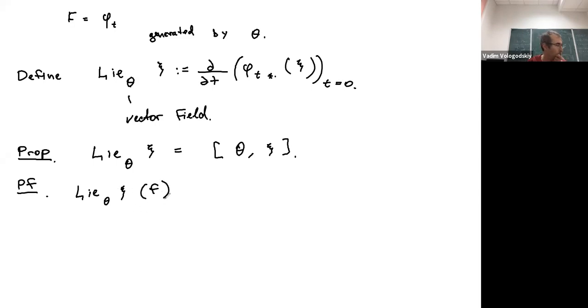I'm supposed to take phi sub t star, this is the formula of xi, and then take its derivative d over dt and substitute t equals 0.